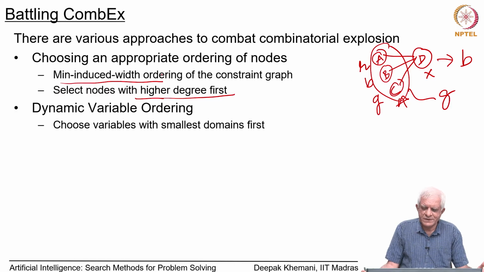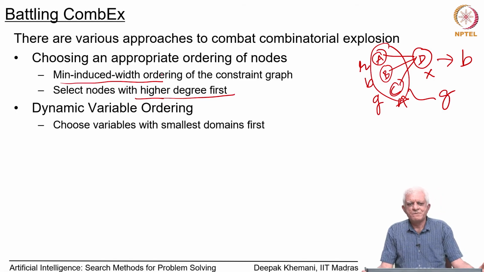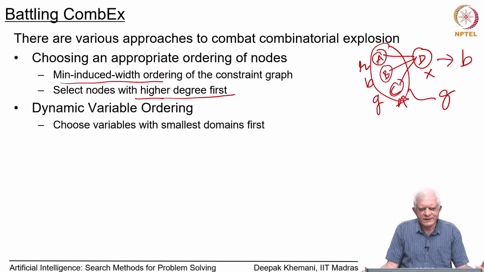We can also choose the ordering of variables by looking at the domains of the different variables. Now, an extreme example is that if there is some variable xi whose domain has only one value, then you do not have any other options. So, you might as well freeze that value first and put xi as the first node that you will see.